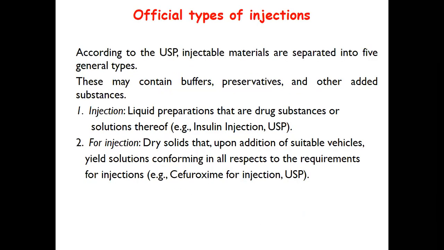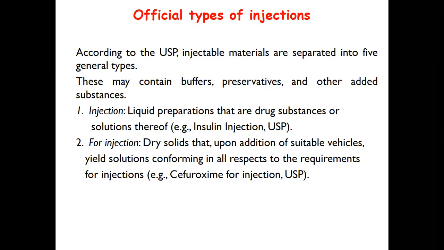Official types of injection. According to the USP, United States Pharmacopoeia, injectable materials are separated into 5 general types. These may contain buffers, preservatives, and other added substances. Injectable materials or parenteral formulations contain buffer as there is a need to maintain isotonicity, as these are directly administered into the various tissue fluids, body fluids, or cavities.